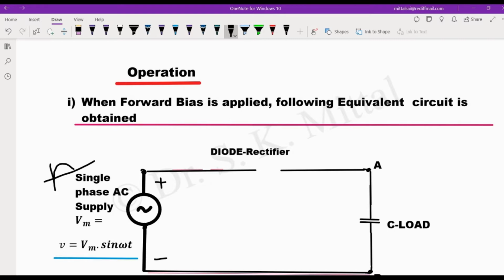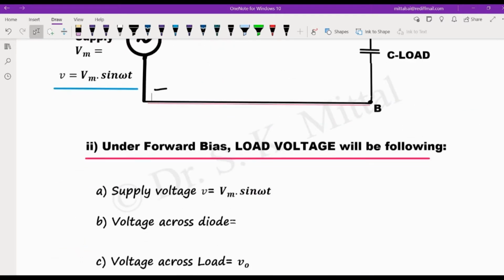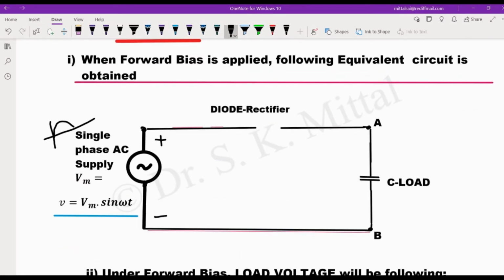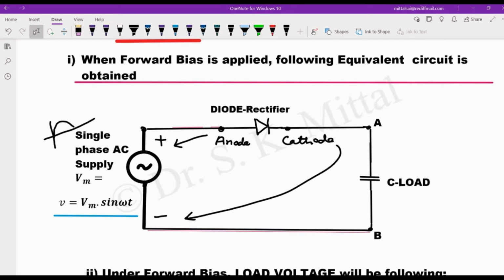Here the diode is connected, therefore the anode terminal of the diode is connected to positive, and here is the cathode. The cathode terminal is connected to this negative terminal, and therefore the diode comes into forward bias.